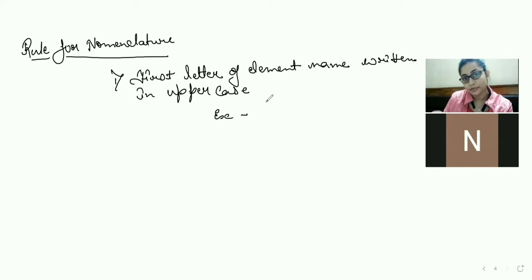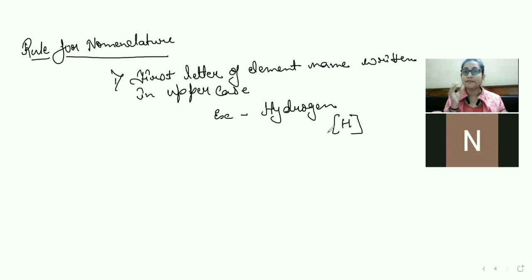Take the example of hydrogen. The uppercase is H, so we will write it as H. Got it? The first rule of nomenclature says the first letter of the element name is written in uppercase.